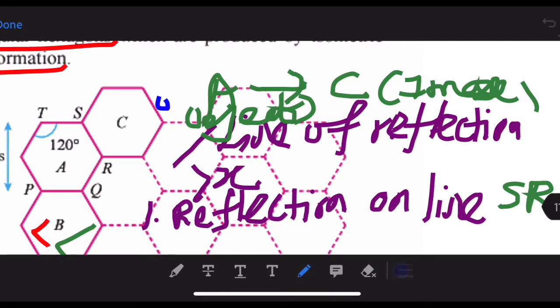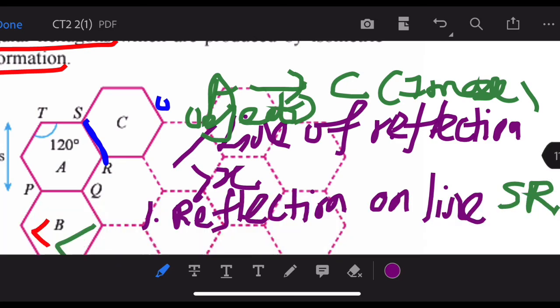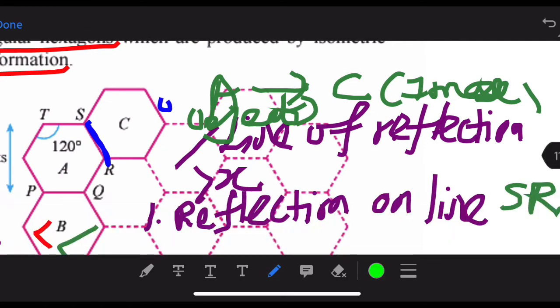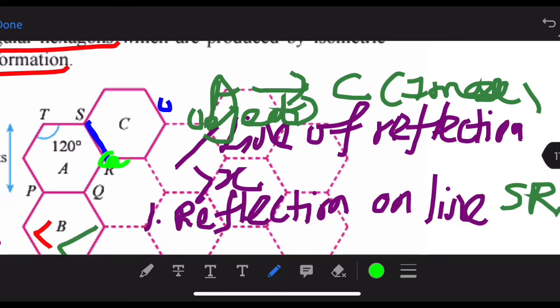Again I show rotation on this line. That means we are going to rotate this point, and for the center I will use the red one.